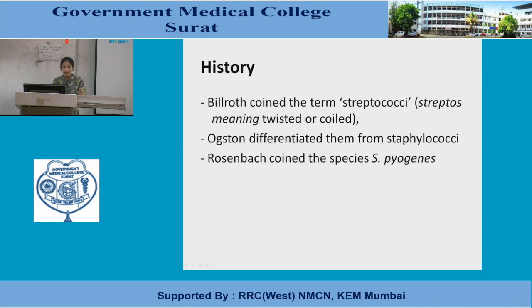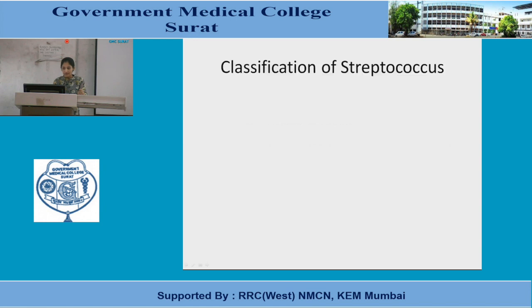What is the history of Streptococci? The scientist Billroth coined the term Streptococci, where streptos means twisted or coiled, and Ogston differentiated them from the Staphylococci. Then another scientist, Rosenbach, coined the species Streptococcus pyogenes. Streptococcus pyogenes is a species of the Streptococcaceae family.